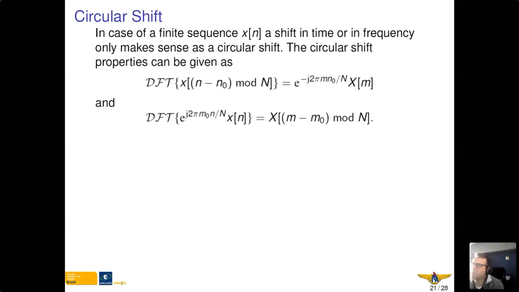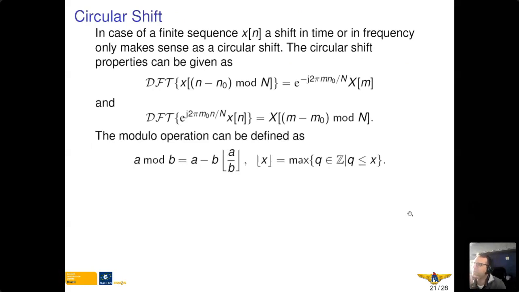And the other way around. So we have then the shift in frequency domain given in the second relation: the DFT of e to the power of j2 pi m0 n divided by N times x of n is equivalent to X of m minus m0 modulo N.